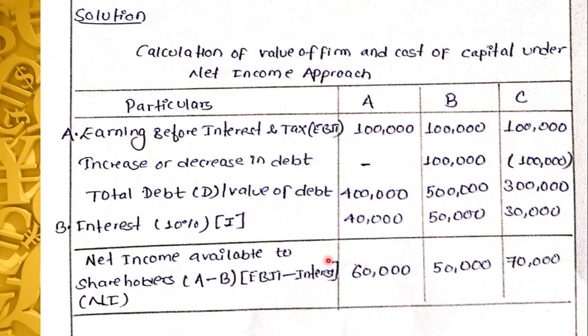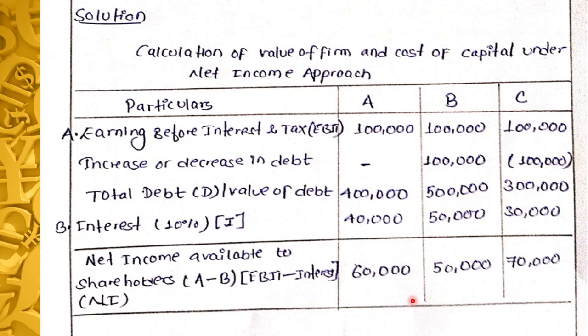So, under each situation, after deducting interest, the net income available would be 60,000, 50,000 and 70,000 respectively for situations A, B and C.